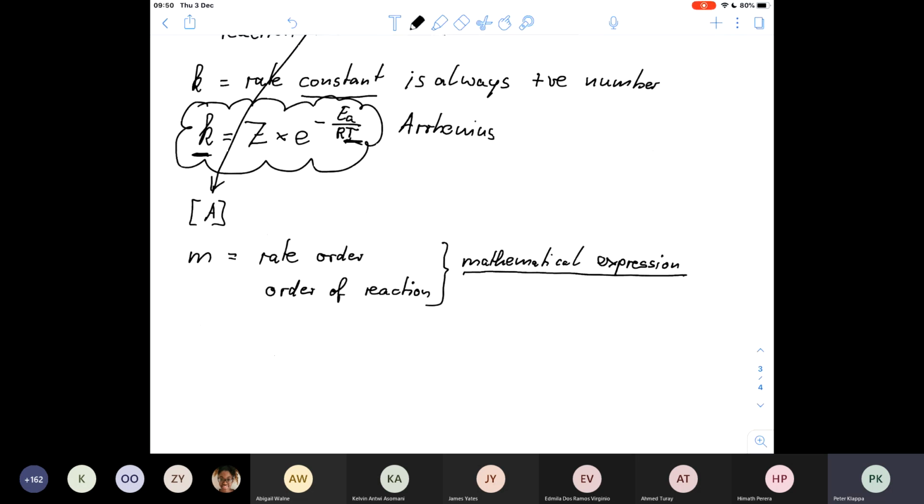Now, what can m be? M, this rate order, can be any number. And with that, I mean any number. It can be a whole number, so an integer.